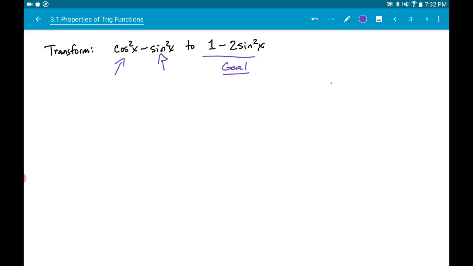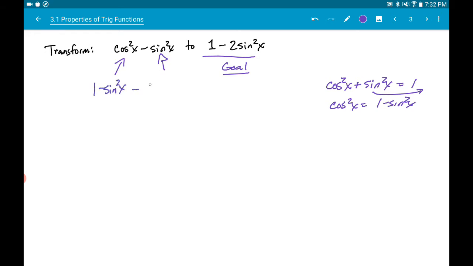So one thing that you want to get comfortable with, because it comes up a ton, is this is the bread and butter. But I could also say that cosine squared is 1 minus sine squared. I just move this over here by subtracting. So I can replace this with a 1 minus sine squared.